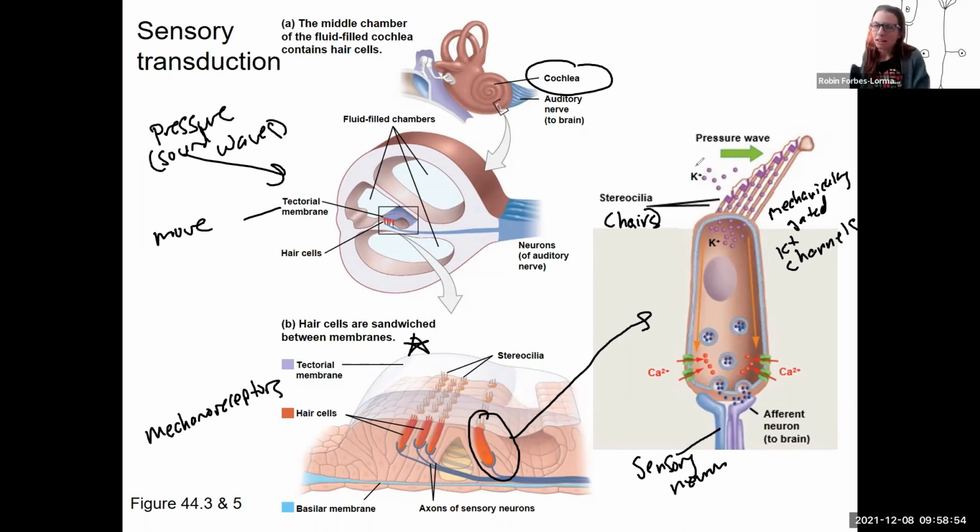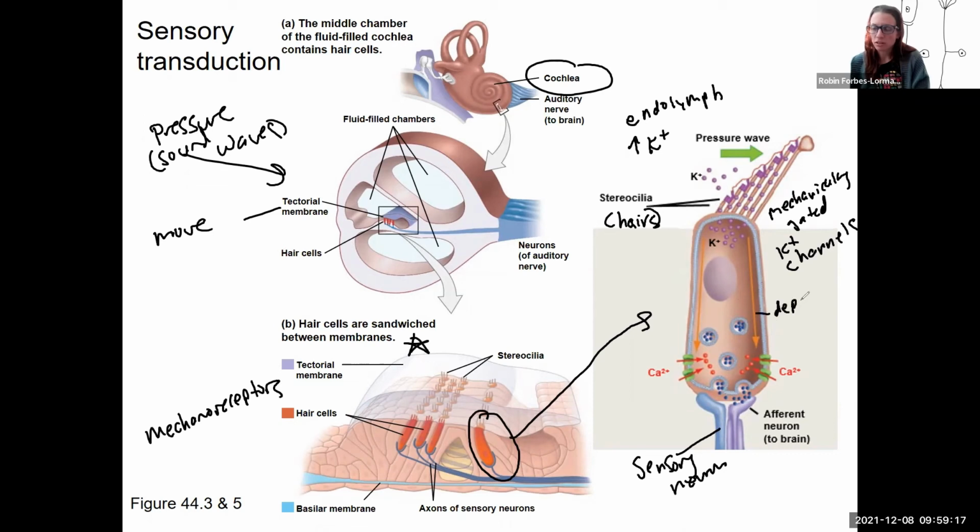It's very high in concentration outside the cell, which it usually is not. This is a special thing about endolymph. The fluid in the cochlea has high potassium. It's going to flow in and cause what?